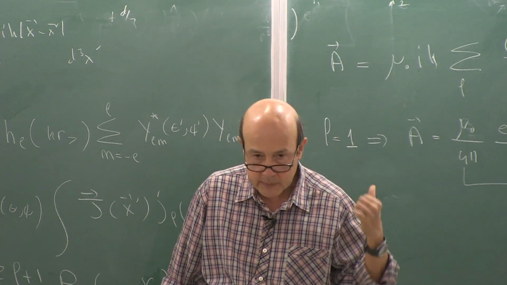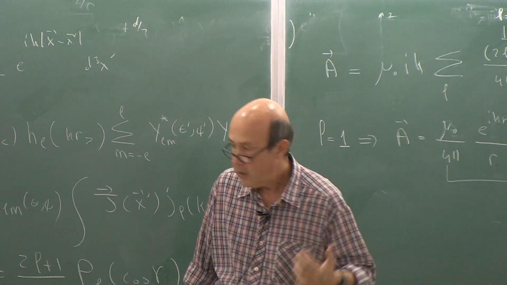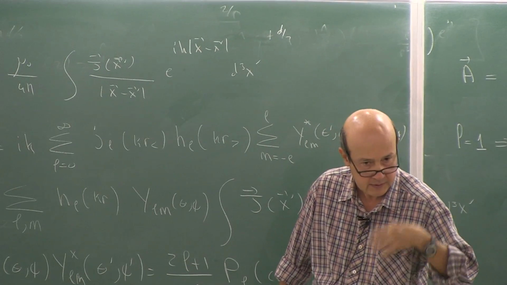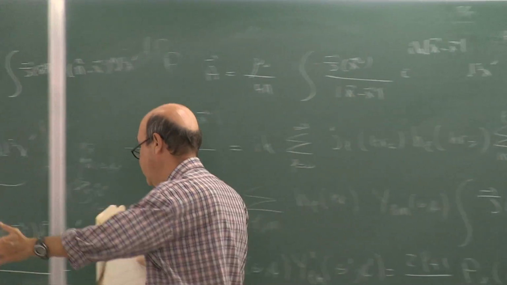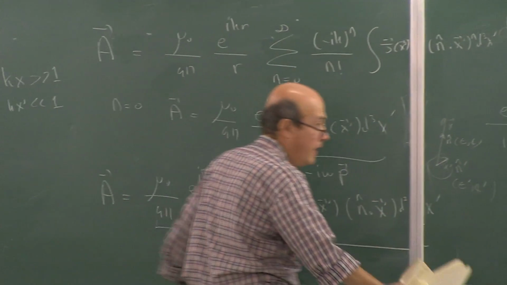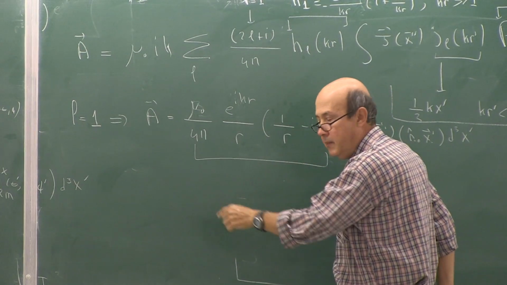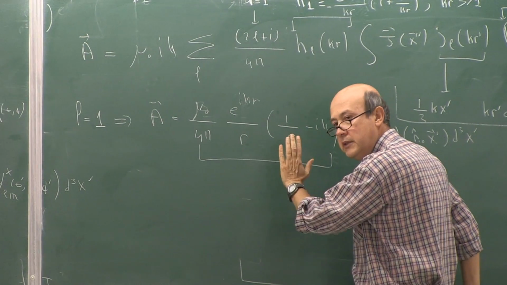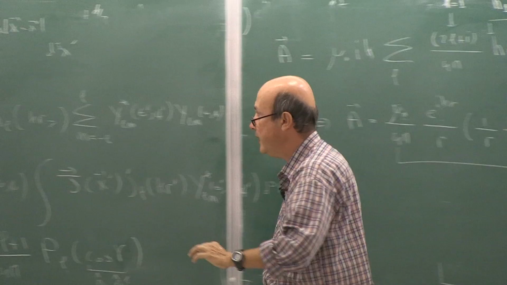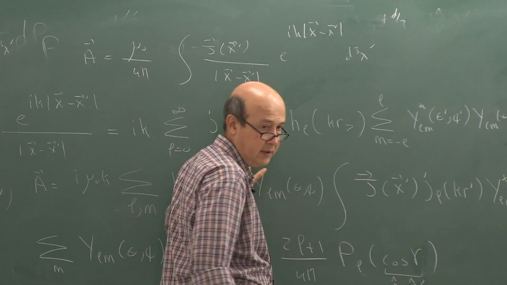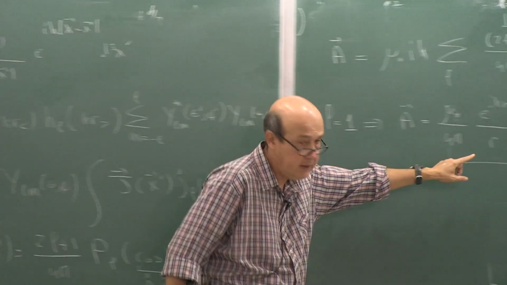I will explain this when I come to that point. But in the far field, this expression and that expression are identical because this doesn't contribute. But I try to include this term by taking the general expression.